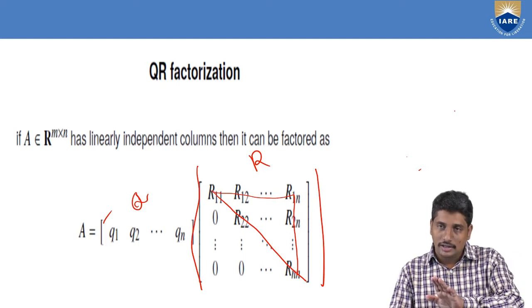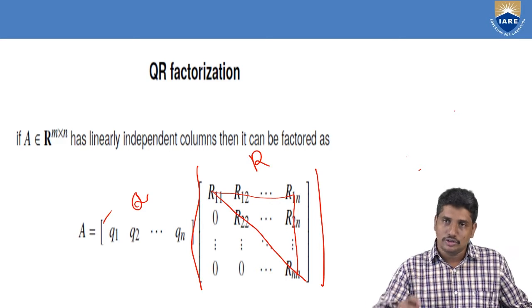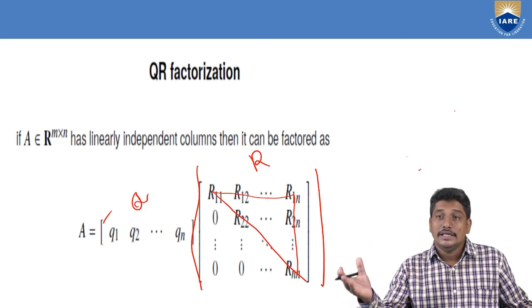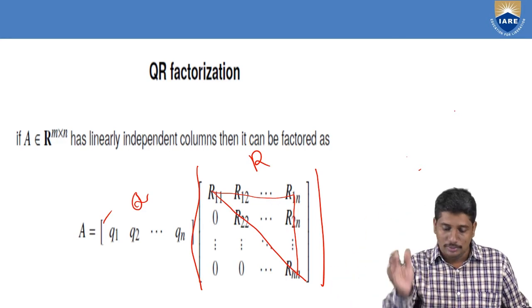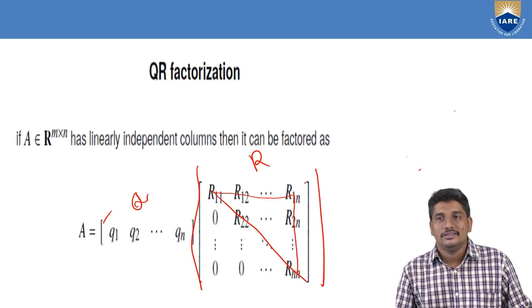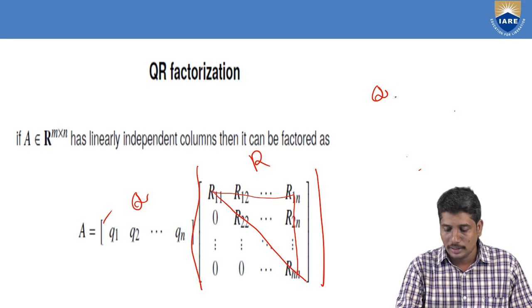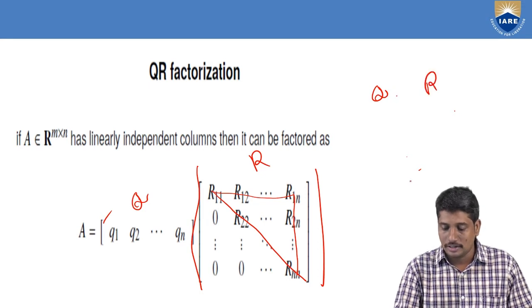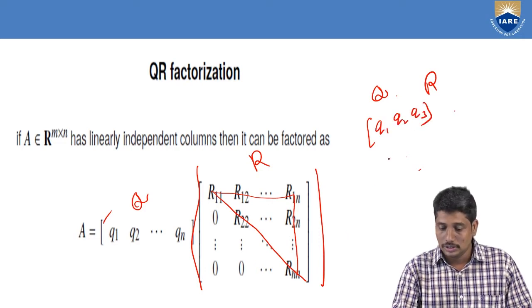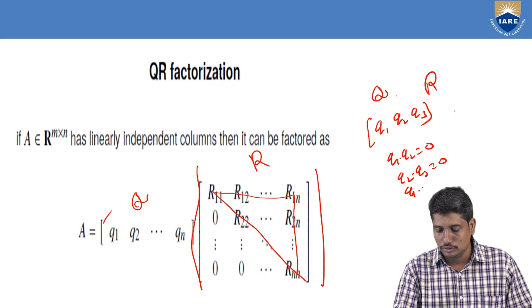That means if the elements lying below the diagonal are 0, it is called upper triangle in the perspective of non-zero elements which are lying above the diagonal. Okay, so we could understand what is an orthogonal matrix and what is an upper triangle matrix. So Q is called an orthogonal matrix if Q is imagined as Q1, Q2, Q3, 3 columns, and Q1 dot Q2 is 0, Q2 dot Q3 is 0, and Q1 dot Q3 is 0.